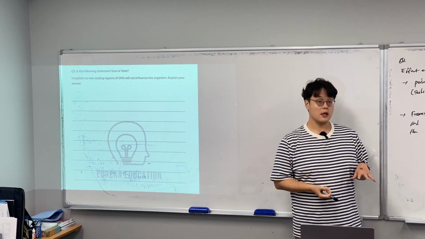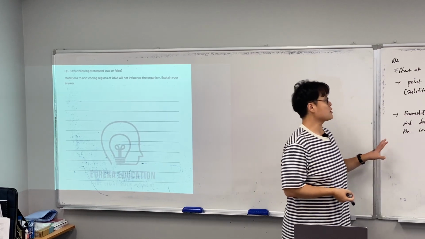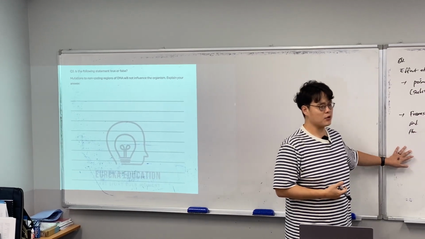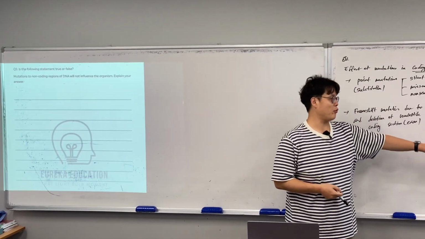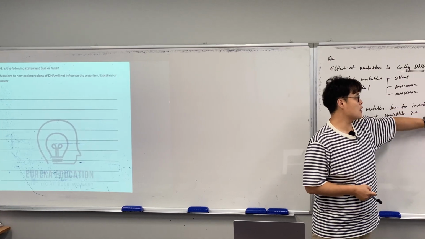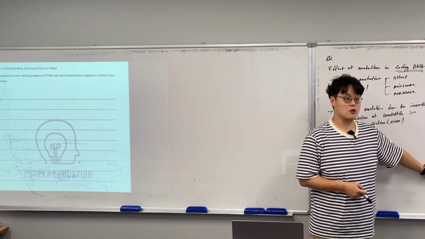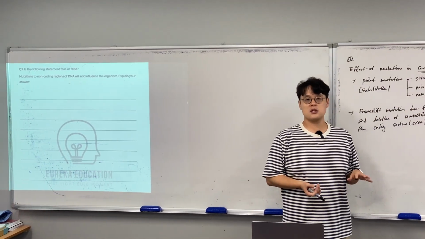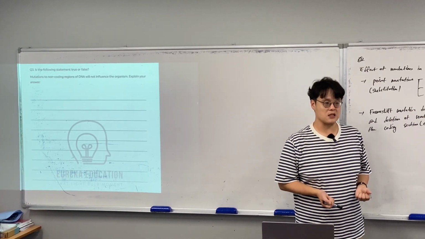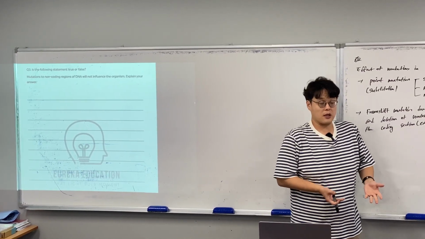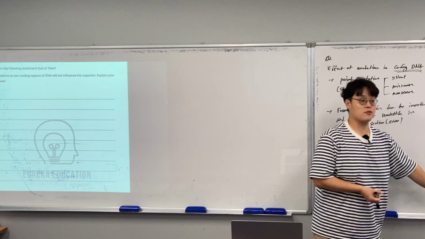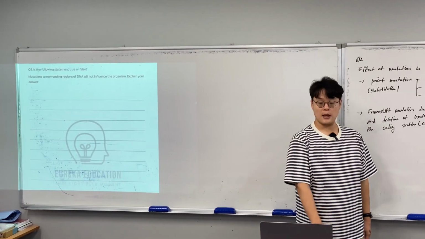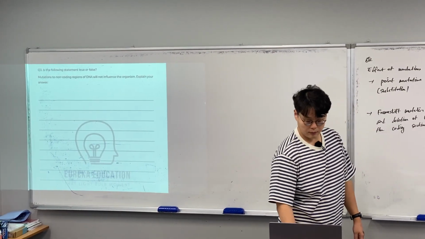Yes, it may not be as significant as in coding DNA, but definitely there is some impact, whether that be regulatory mutations, structure mutations, or splicing mutations, and it can cause significant genetic diseases. So that's the answer for question 3, and the answer is false, as I said.